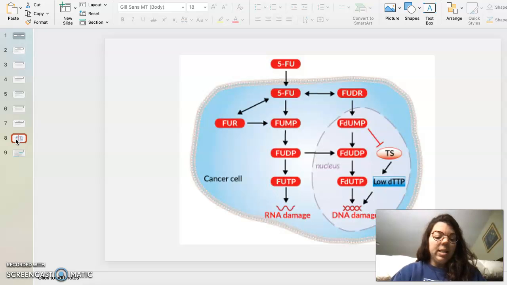So the binding of FDUMP blocks DUMP and inhibits DTMP synthesis. And so that creates low levels of DTTP, which then lead to DNA damage and inhibits DNA synthesis from happening.